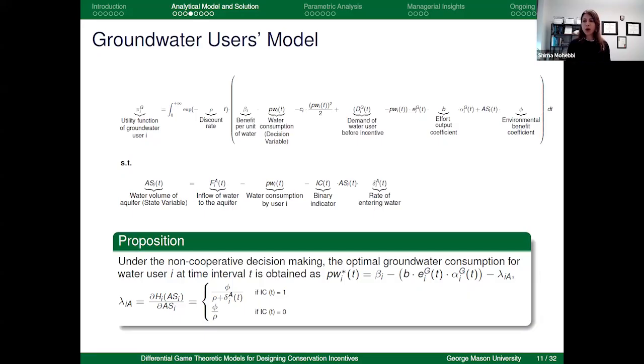Technically, one season is long enough for them, specifically for the shadow price, which is the future welfare of one additional volume of water in the river. Yes, we are integrating between zero and infinity, but we are defining these decision epochs so that they can adjust and update their strategy.